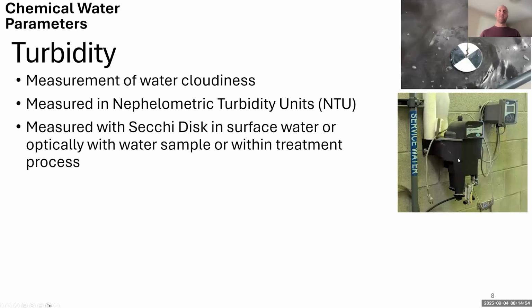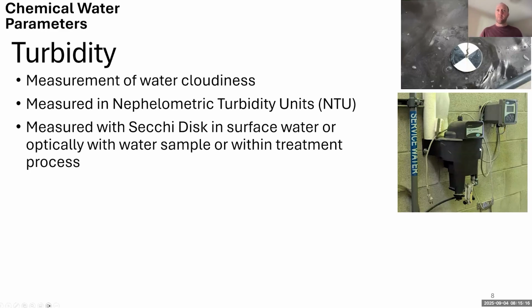In a surface water situation, like in a lake, you can use one of these Secchi discs. It's basically a black and white disc, and you put it down in the water and see how far you can see it. That gives you an idea of how much sediment there is in that water. Of course, the more stuff there is in the water, the harder it is to see.